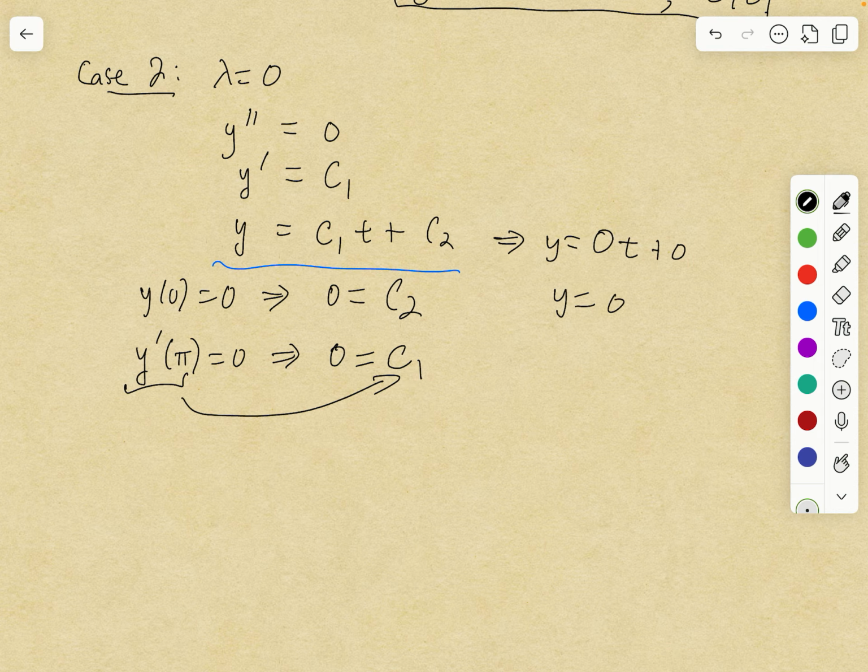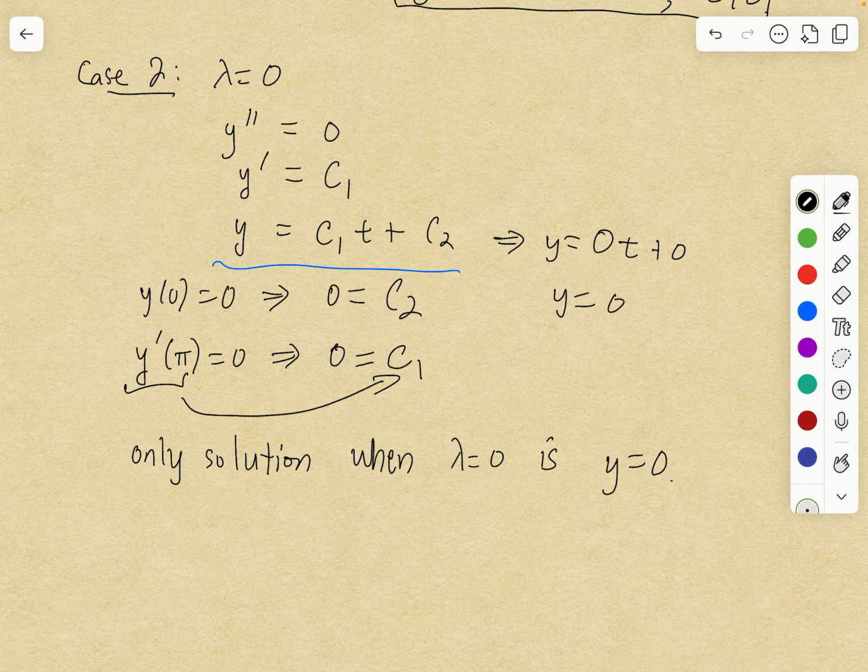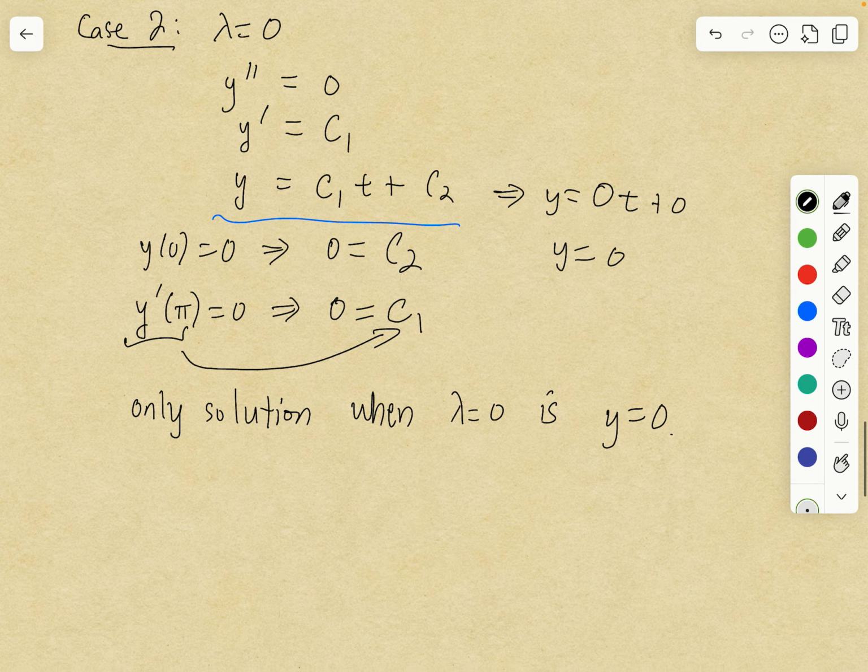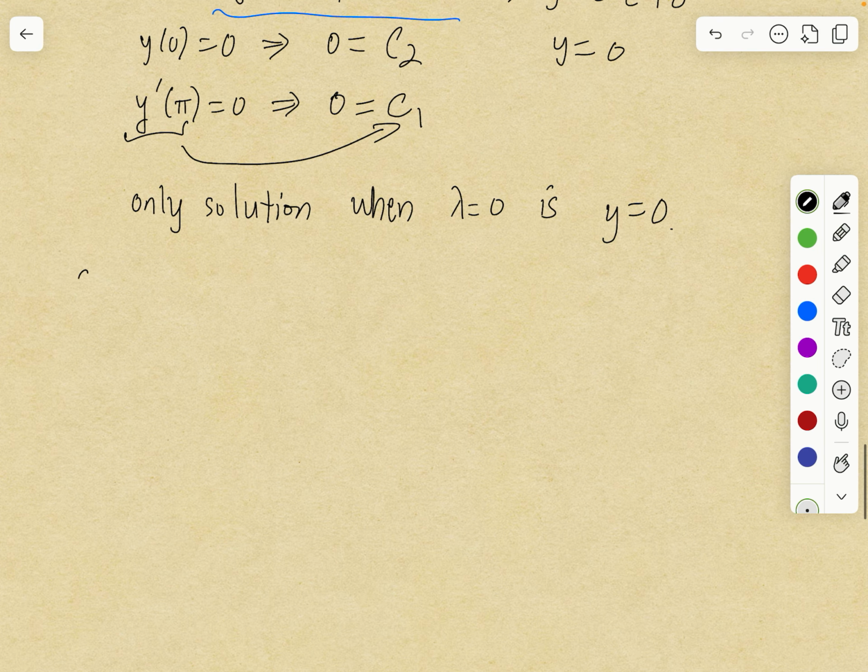That's the constant function 0. So lambda equals 0 does not give you a non-trivial solution. So the only solution when lambda is 0 is the trivial solution, y equals 0. No non-trivial solutions here. Then the final case is case 3, which is when lambda is negative.